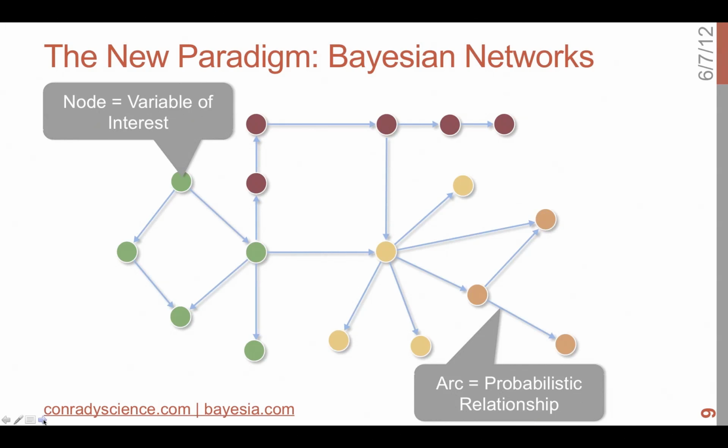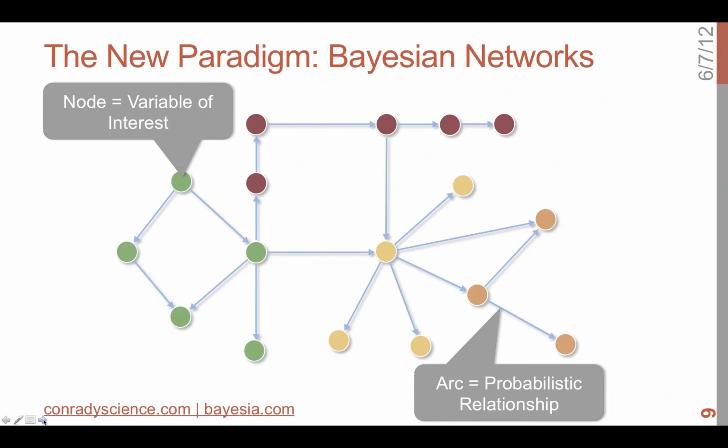And then you have arcs, which appear like arrows here in this chart. And these arcs represent probabilistic relationships. It shows us how the nodes and the states of the nodes are related to each other. Between nodes and arcs, we have a complete representation of our domain.